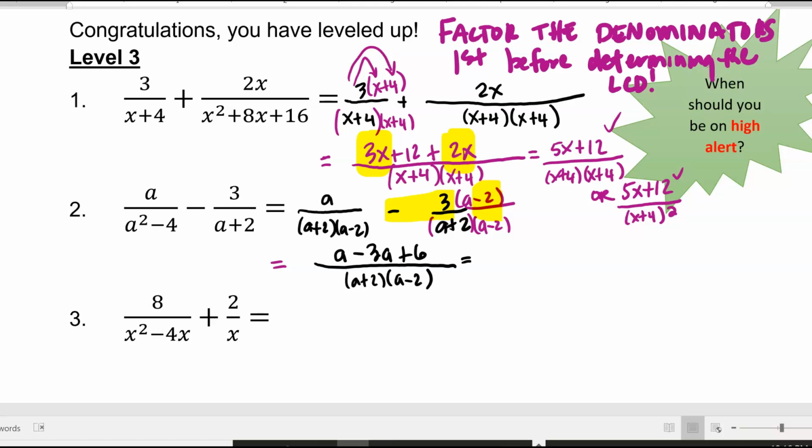Then a minus 3a are like terms, so we have negative 2a plus 6 over a plus 2 times a minus 2. So here's a situation where you could factor out a negative 2 from the numerator. So you'll get negative 2 times a minus 3 divided by a plus 2 times a minus 2.